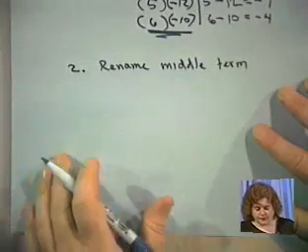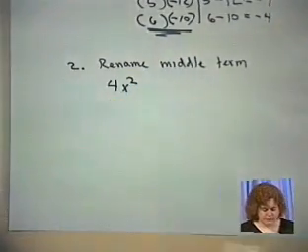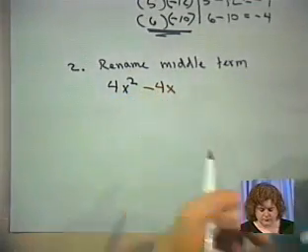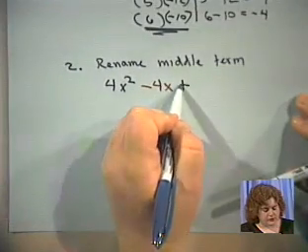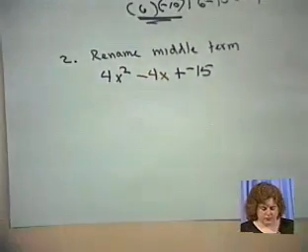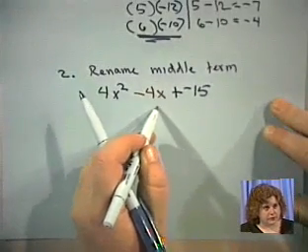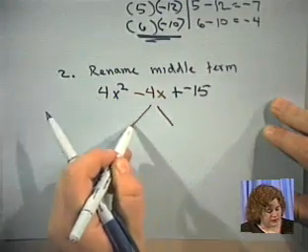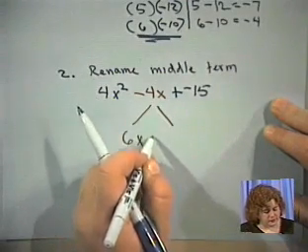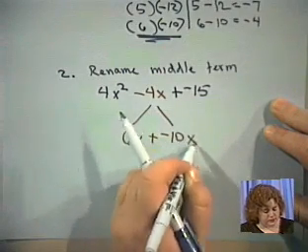So we had 4x squared minus 4x, and I'm going to write this as plus a negative 15. We're going to take the negative 4x and rename that as 6x plus a negative, or minus, whichever you're comfortable with, 10x.